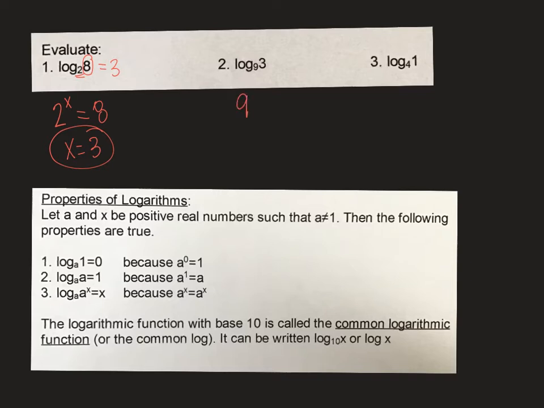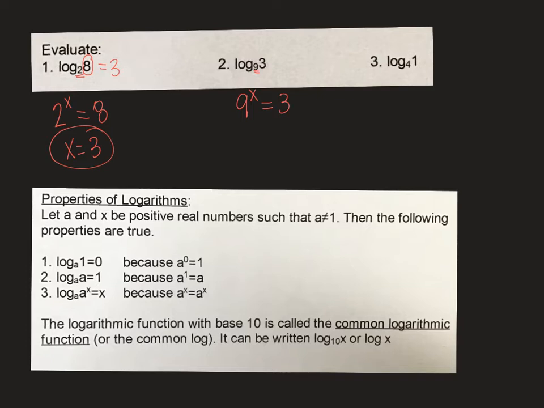9 is our base of our logarithm. So 9 to what power is going to equal 3. So that's getting smaller. So our exponent has to be less than 1. So think about when we talked about square roots and cubed roots and fourth roots and all of that, we could write all of those as exponents.